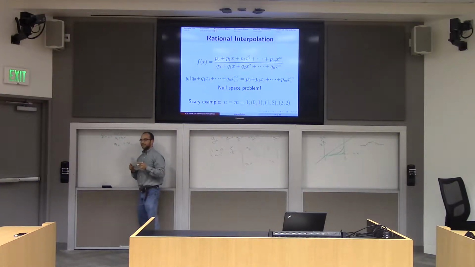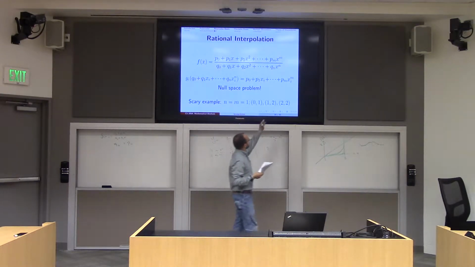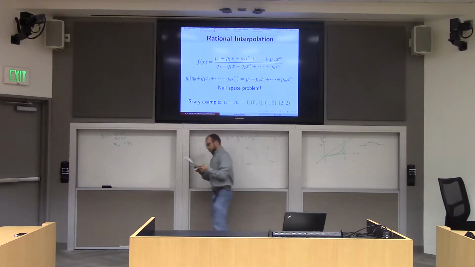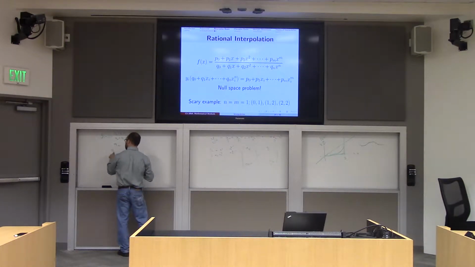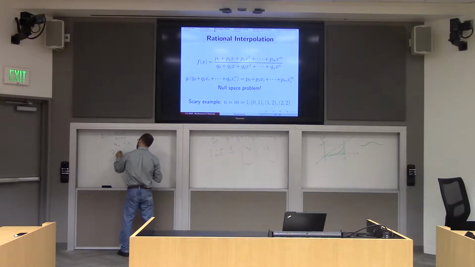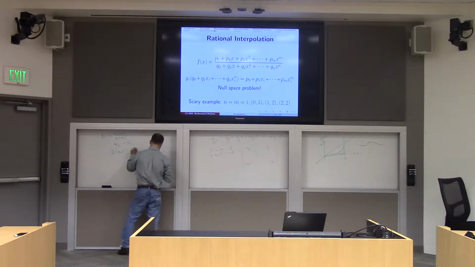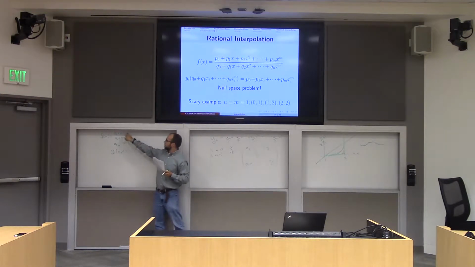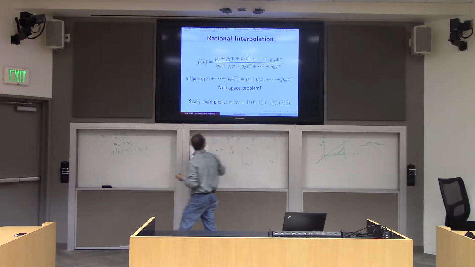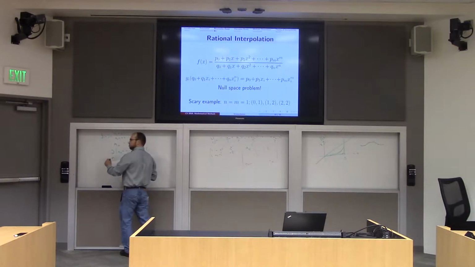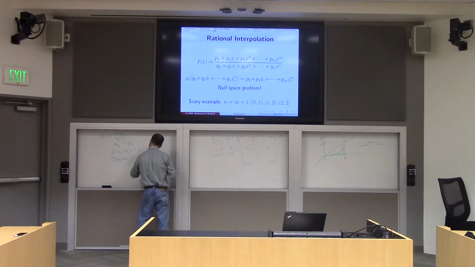And then for x equals 1, y equals 2, when we plug that in, we will get 2 times q0 plus q1 equals p0 plus p1. I just put x equals 1, and I multiply both sides by the q part. And finally, we have a third point, 2, 2. And it's going to have 2 times q0 plus 2q1 equals p0 plus 2p1.